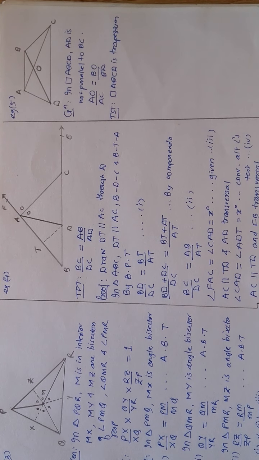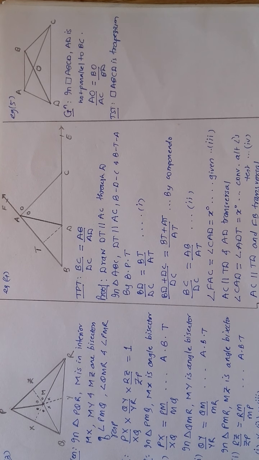And the ratio AO is to AC is equal to BO is to BD. Then you have to prove that this particular quadrilateral is a trapezium. Now, how do you show any quadrilateral is a trapezium? A quadrilateral is said to be a trapezium if only one pair of opposite sides is parallel.